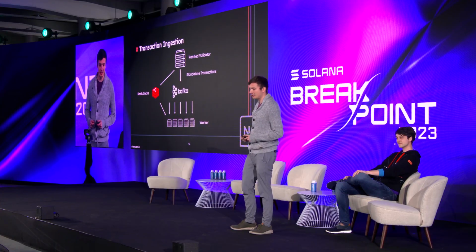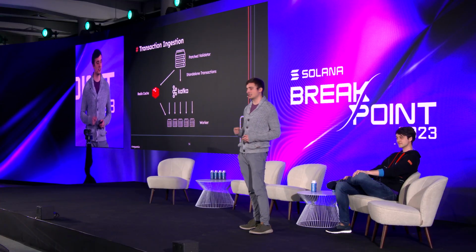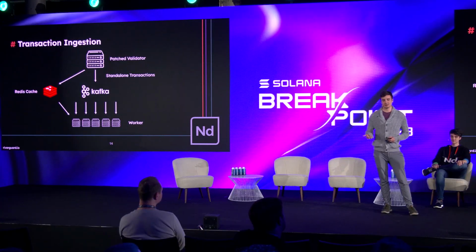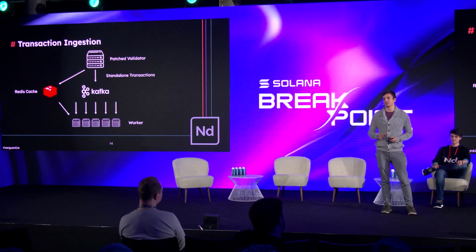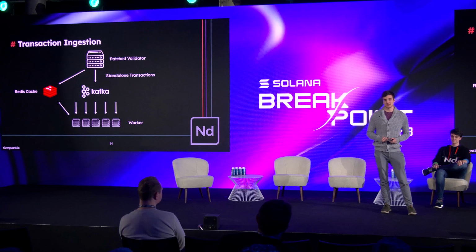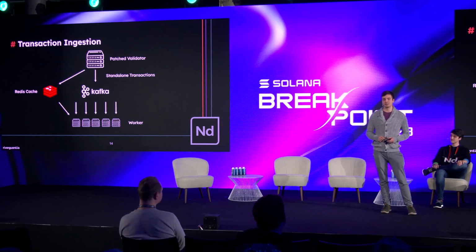A standalone transaction in essence is a transaction, but not just the transaction itself, but everything that's required to perfectly simulate the transaction and get the same result as when it was executed the first time. So this is stuff like the input accounts, the sysvars, and literally everything you need to execute the transaction again with the same result.